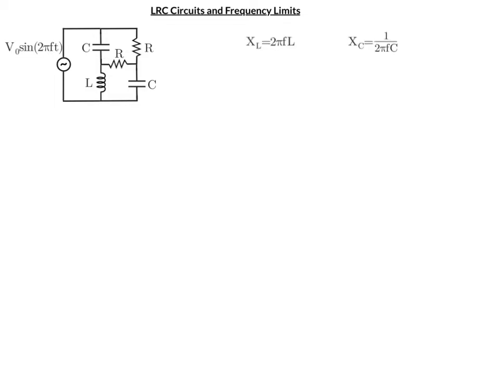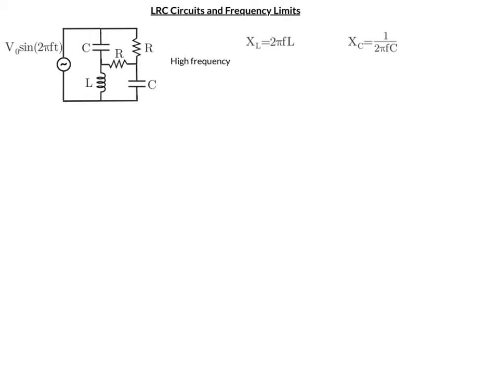Now, remember that the inductor has a reactance that is directly proportional to the frequency of the current in the circuit, and the capacitor has a reactance that is inversely proportional to the frequency of the current in the circuit.